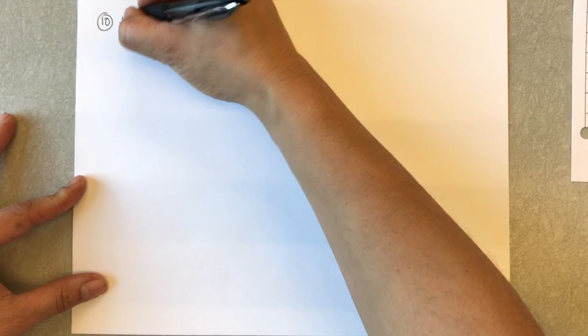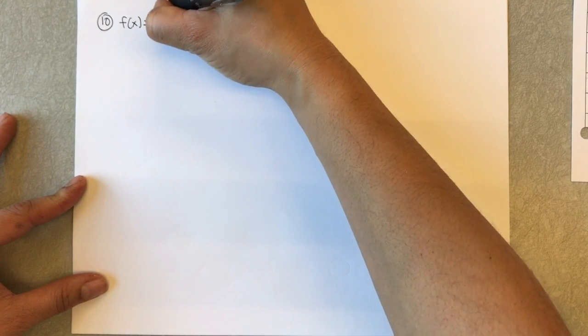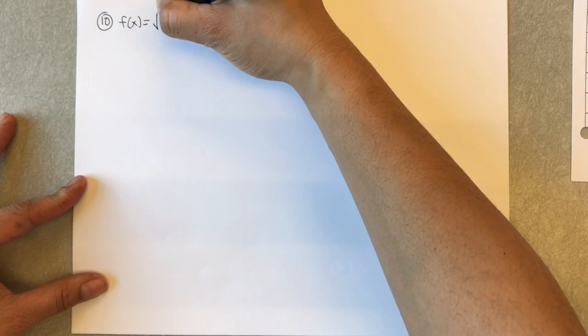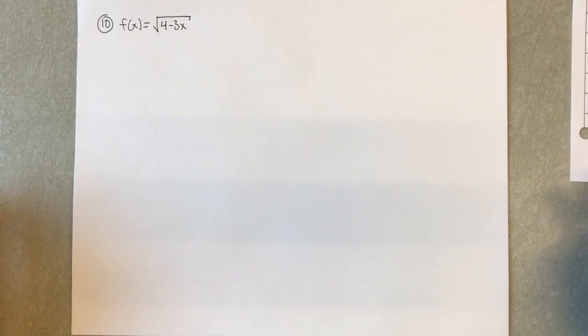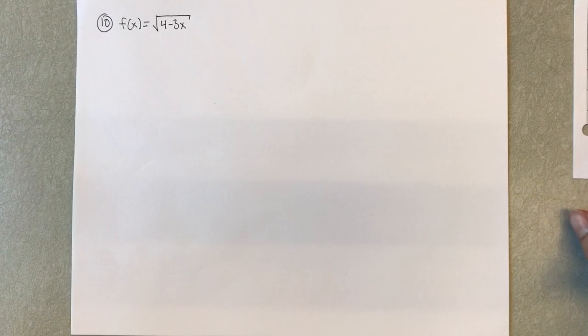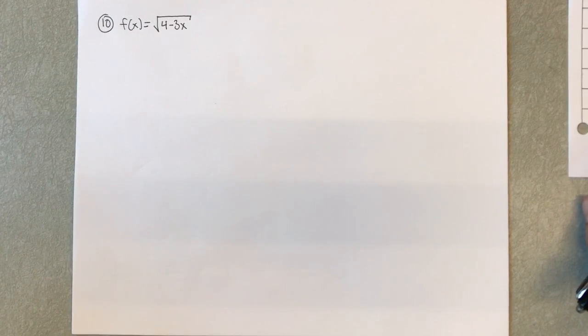The next one we'll do is number 10. Number 10 is f of x equals square root 4 minus 3x. And realize that in class, some of us have trouble with radicals and making the connection that these are inverse operations to what we've done in quadratic functions, which are always squared terms.